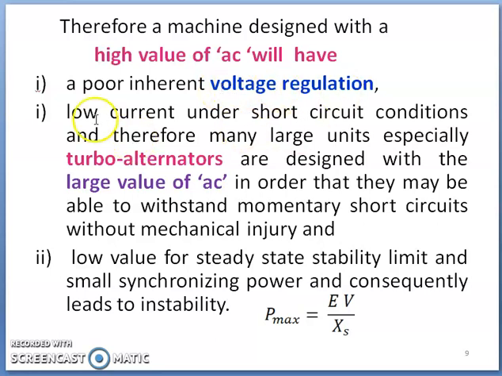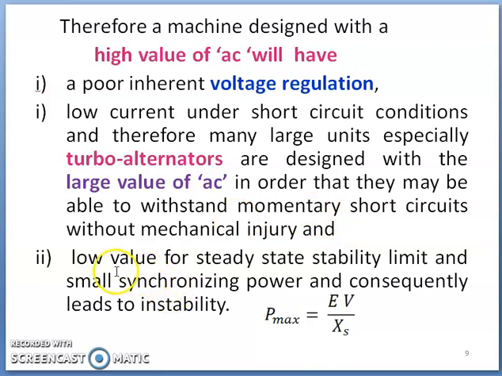And next, low current under short circuit conditions. Therefore, many large units, especially turbo alternators, are designed with large value of AC because they withstand very high value of short circuit current, and as they withstand very high value of short circuit current, damage, mechanical injury during this condition is less.